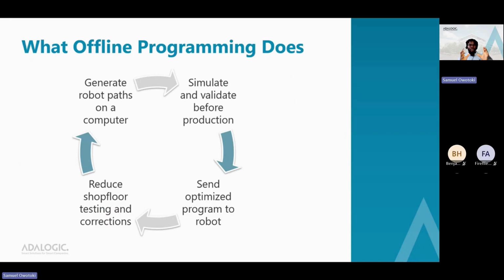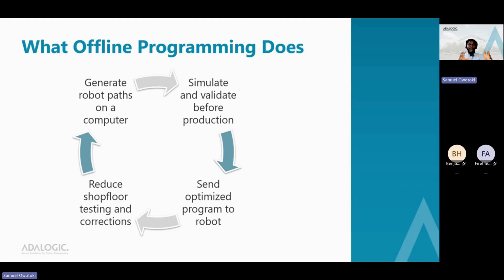So what does offline programming do in a nutshell? Typically, it takes the production from the shop floor to an online environment, which is like a digital copy or digital shadow of your glazing environment, right? It generates paths on a computer in the form of teach points, which are then simulated.